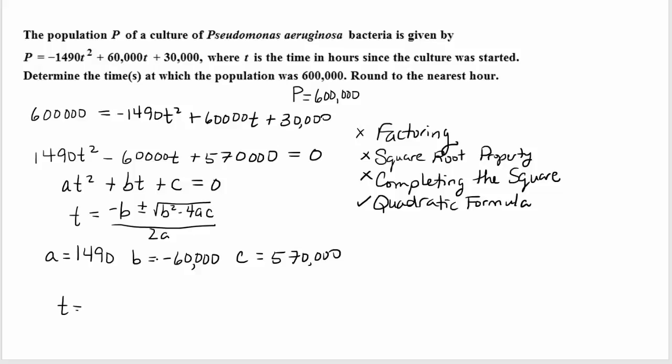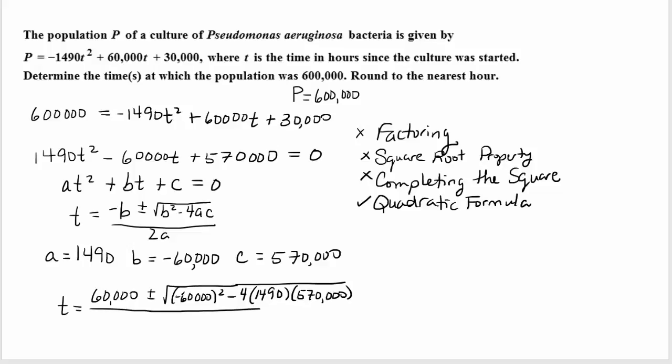Plugging in, we have t equals the opposite of b. B is negative 60,000, so the opposite of that is positive 60,000 plus or minus the square root of b squared, so negative 60,000 squared, minus 4 times a, which is 1490, times c, which is 570,000. Watch all those zeros there.